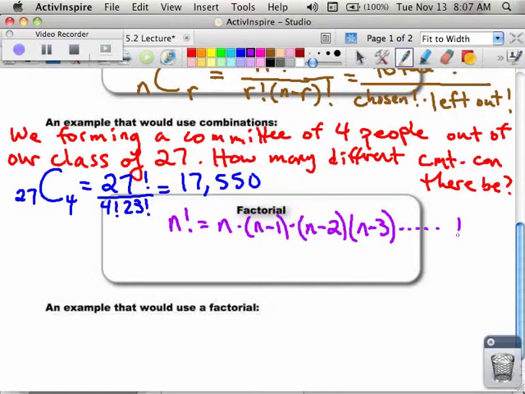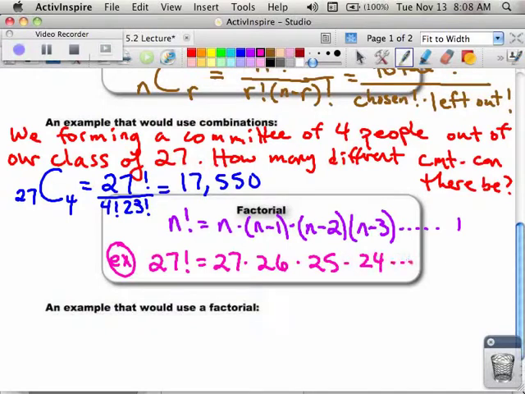So if I look at 27 factorial, for example, that'd be 27 times, take away 1 from that 27, that's the 26, and then take away 2 from the original 27, that's 25, take away 3 from the original 27, that's the 24, and you keep on going until you get to 1. That's what factorial means. It's a symbol in mathematics that's indicating a certain process.